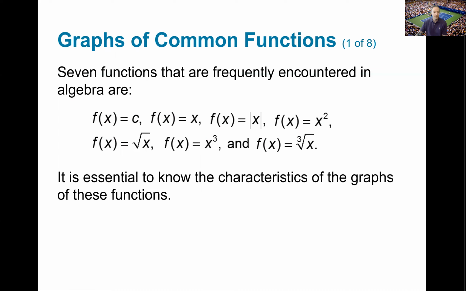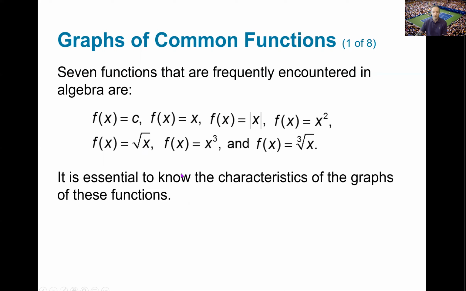That's a line going through the origin with a slope of 1. And then absolute value of x, absolutely important to know that that looks like a V function. x squared looks like a U function with its vertex on the origin. The square root of x looks like a half parabola turned on its side starting at the origin.